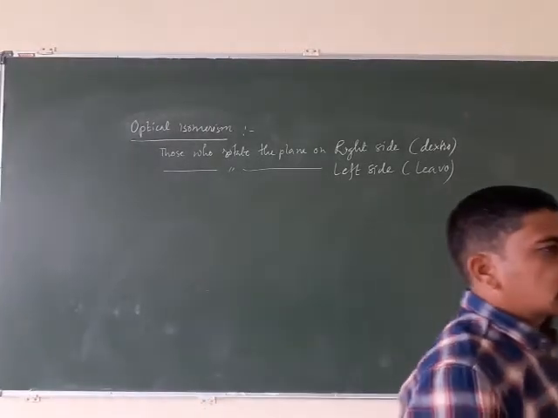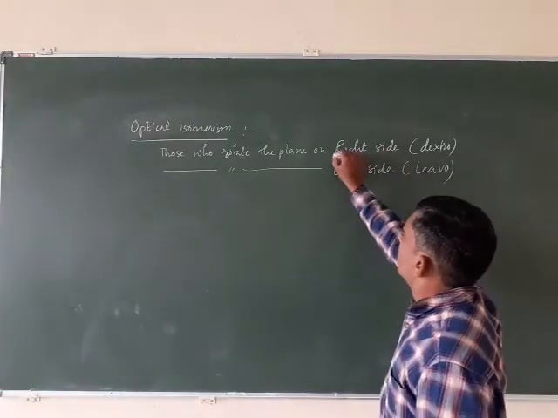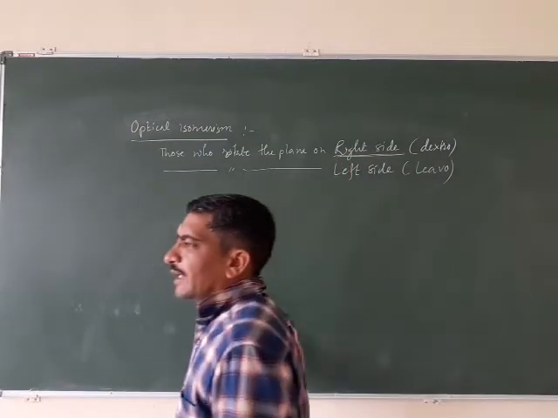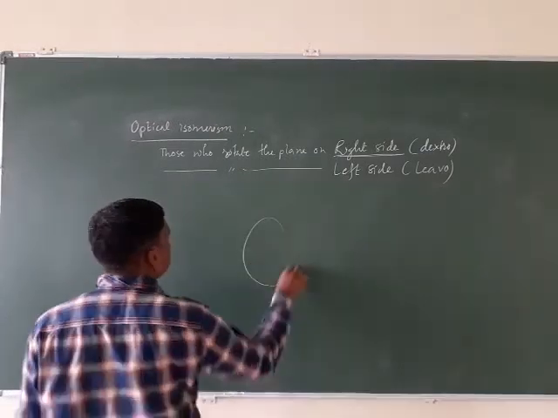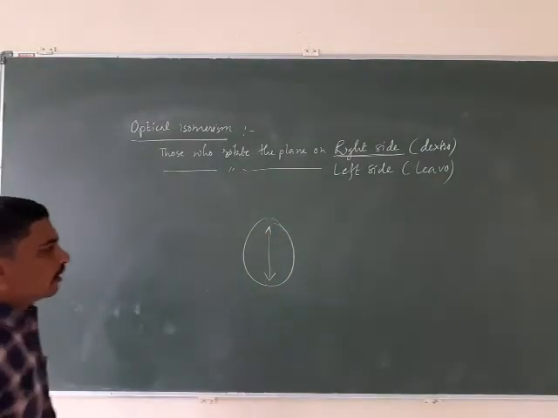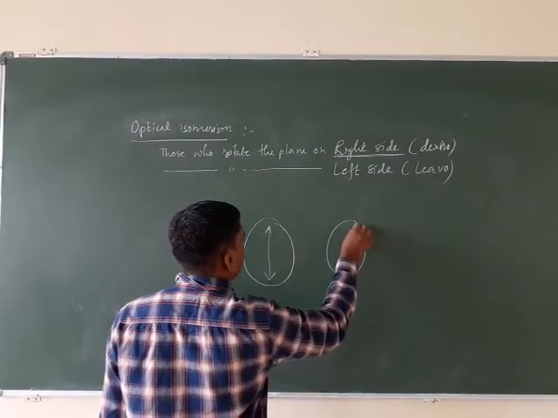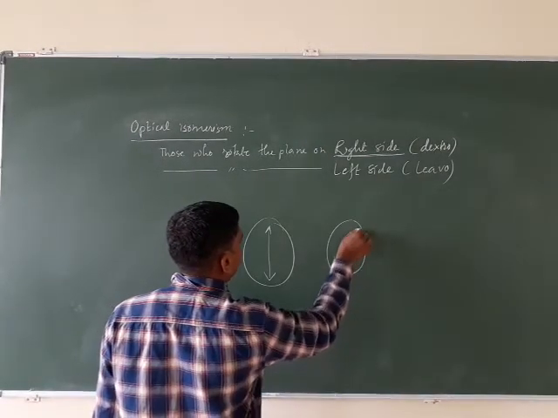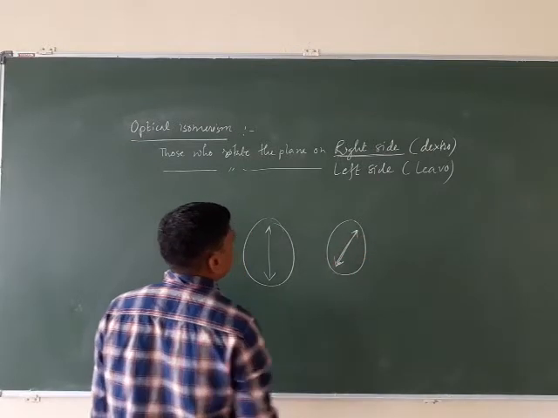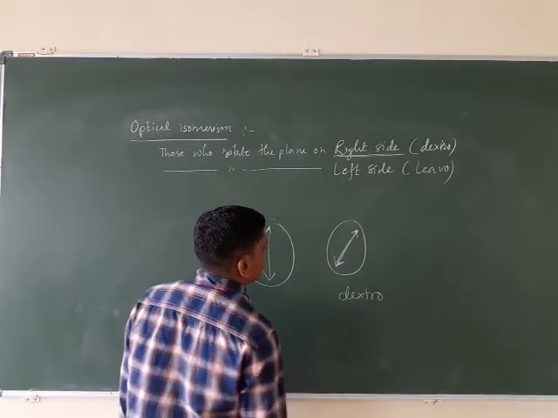So those structures which rotate the plane of plane polarized light towards the right hand side, if the rotation is clockwise, then it is called dextro.